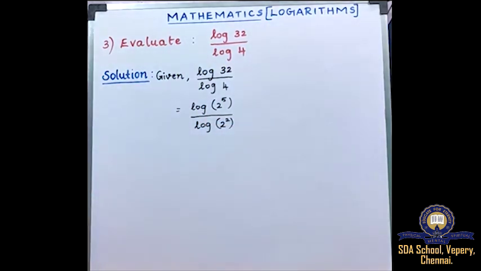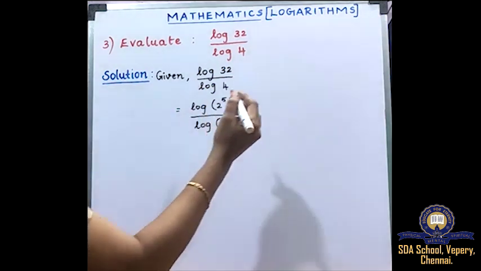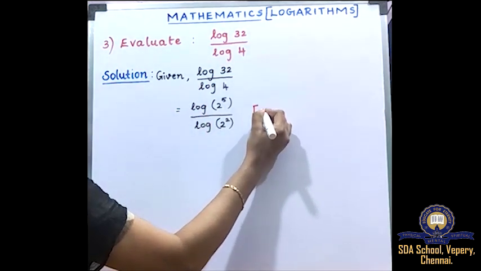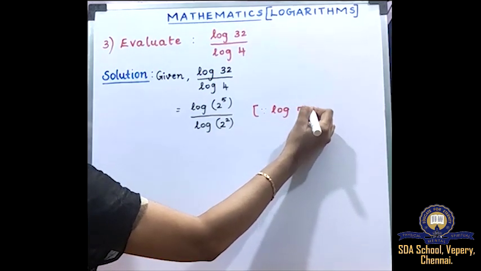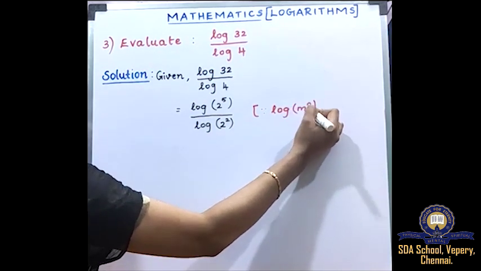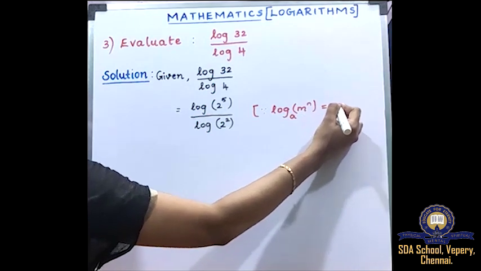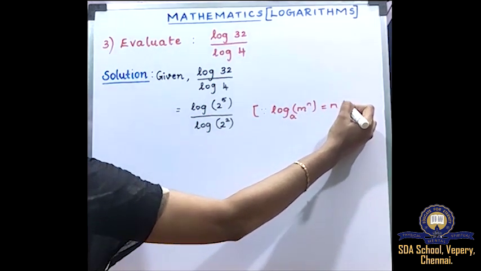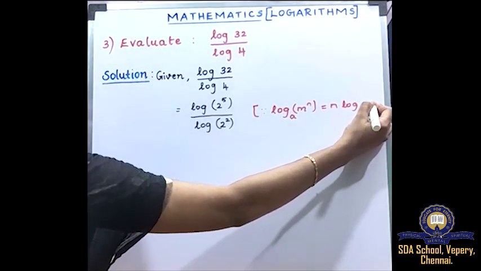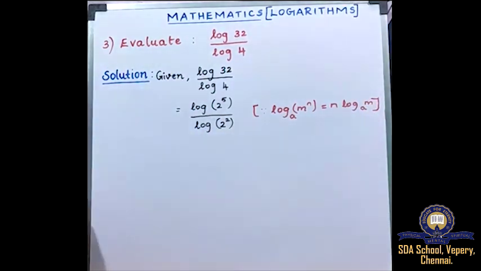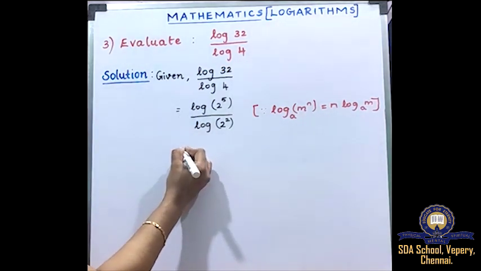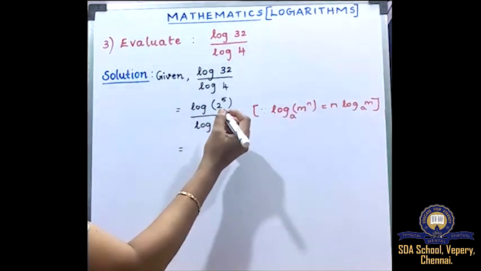Now, applying the law log m power n to the base a equals n log m to the base a. If you apply this power rule here, what will you get? n log m, right?